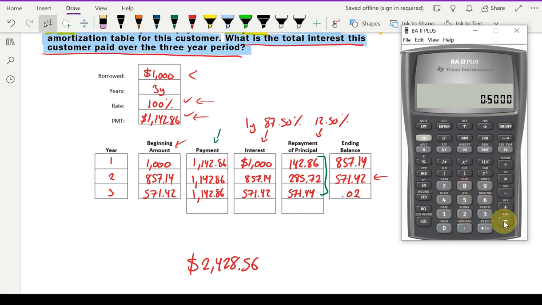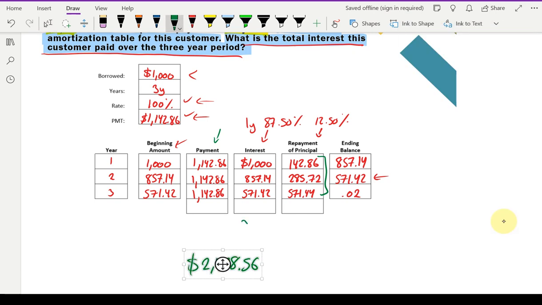That's going to be 50%. So in the last year, 50% went towards interest and 50% went towards the repayment of principal. There might be a little difference because of the difference in the cents here, but for the most part, it'll be accurate.